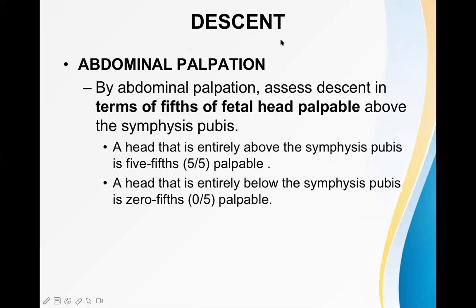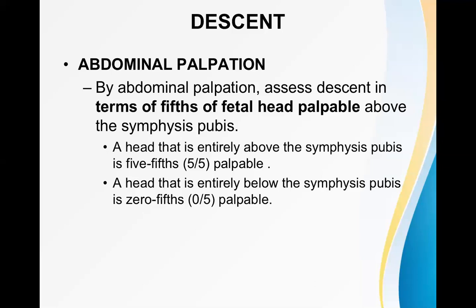Now descent is known by abdominal palpation or abdominal examination. Now see there, by abdominal palpation, we can assess the descent in terms of fifths of fetal head palpable above the symphysis pubis.